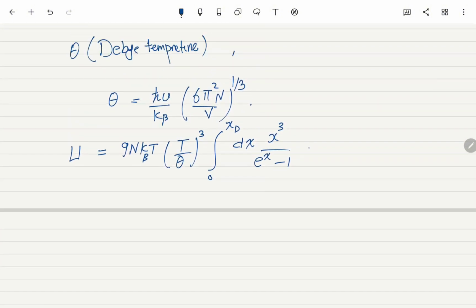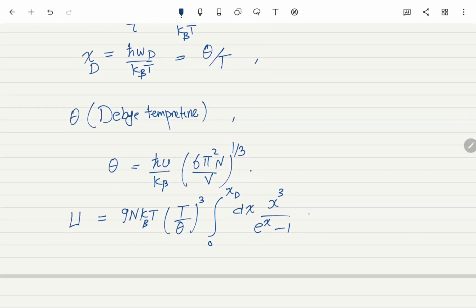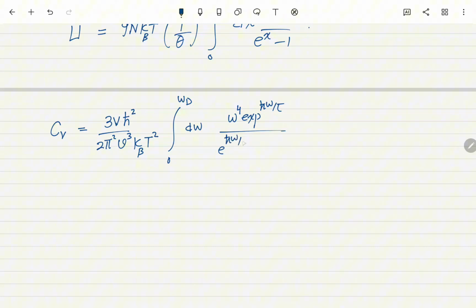Now CV, by differentiating this part, will be equal to 3V h bar square over 2 pi square V cube kB T square, integration 0 to omega D, omega to the power 4, exponential h bar omega over tau divided by e to h bar omega over tau minus 1 square.